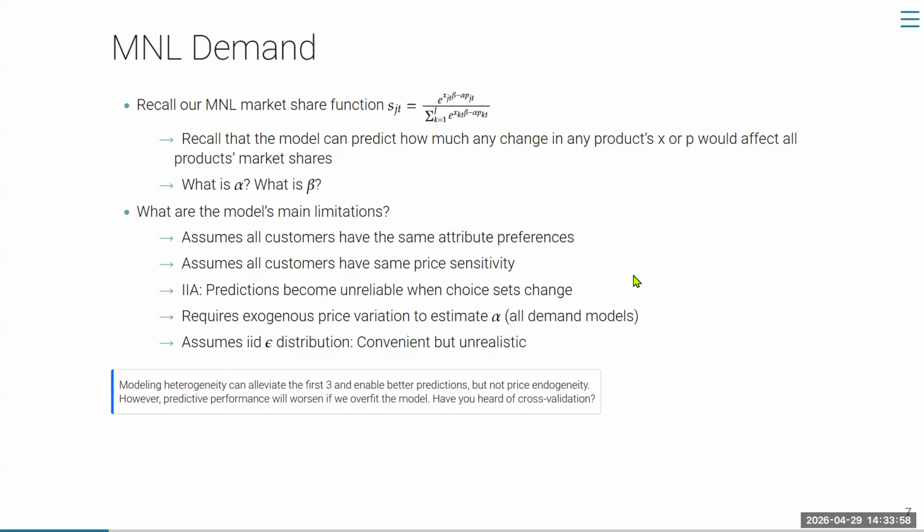It comes from the fact that when one product is improving its share, it's typically going to draw from nearby products in the attribute space rather than proportionally from all products.